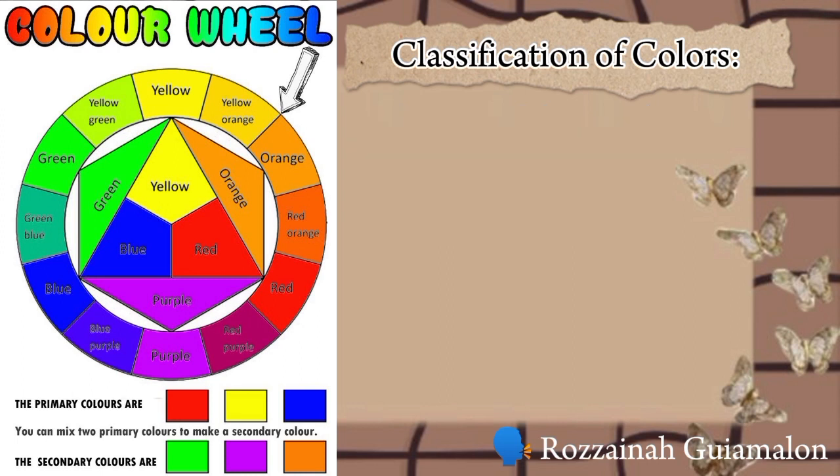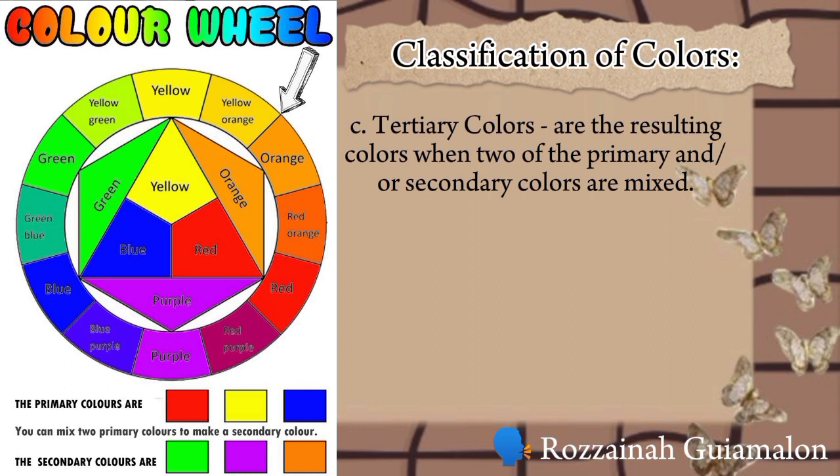Next classification of colors ay we have the tertiary colors. So, makakagawa tayo ng tertiary colors sa pamamagitan ng paghalo ng primary colors at secondary colors. In traditional color system, mayroon tayong 6 na tertiary colors kapag pinaghalo natin ang primary at secondary colors.